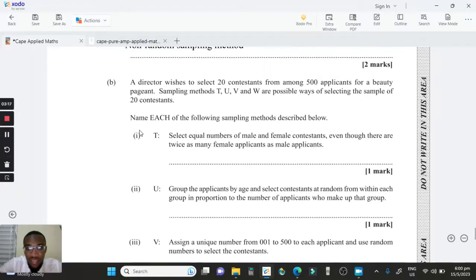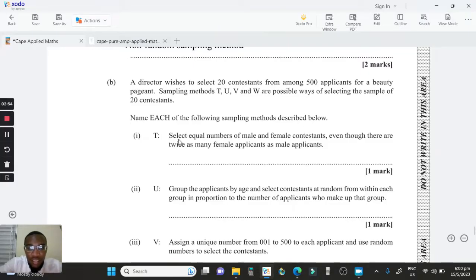This part says a director wishes to select 20 contestants from 500 applicants for a beauty pageant. Sampling methods T, U, V, and W are possible ways of selecting a sample of 20 contestants. Name each of the following sampling methods.